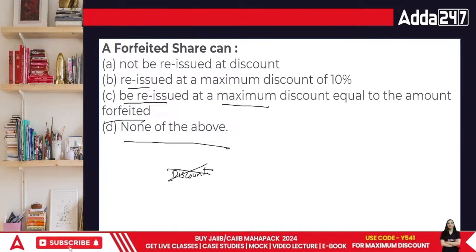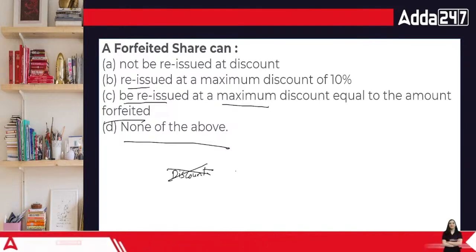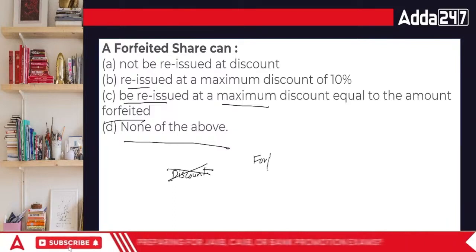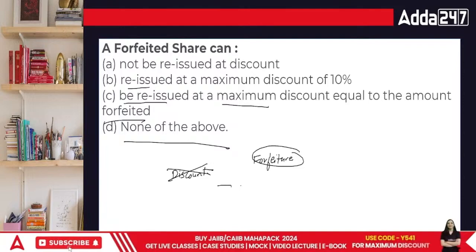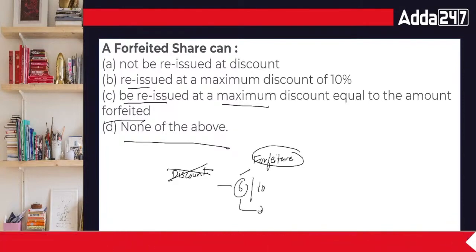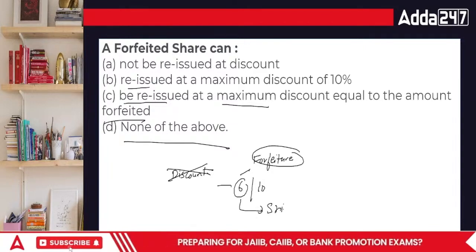Discount is not allowed. But in the case of forfeited shares, whenever there is a forfeiture, say someone had paid 6 rupees out of 10 and then didn't pay further, their name was struck off.